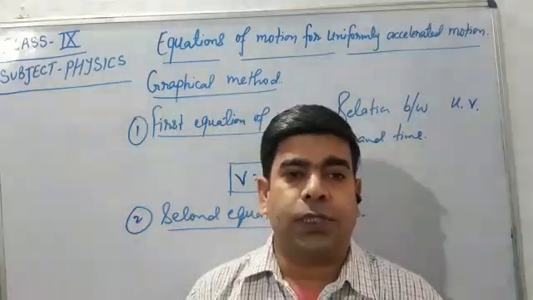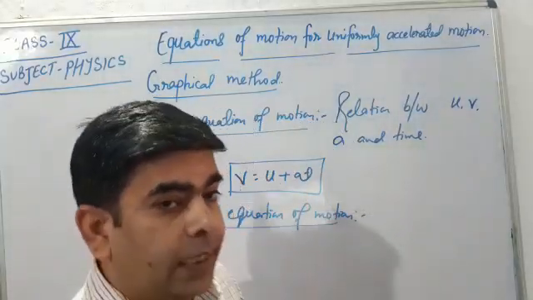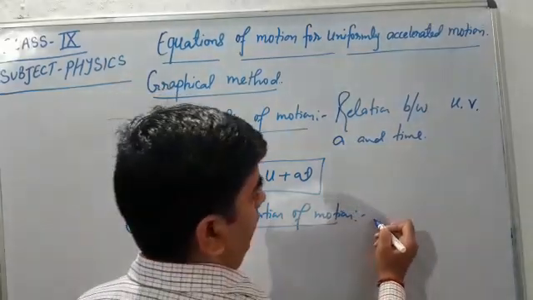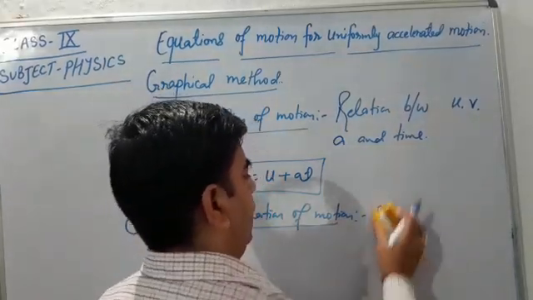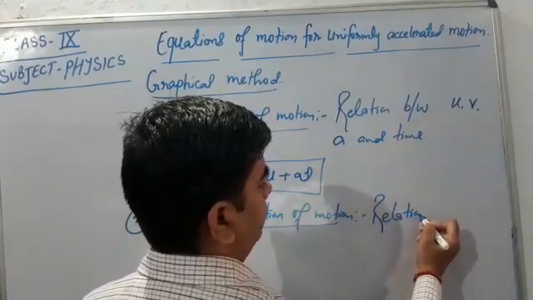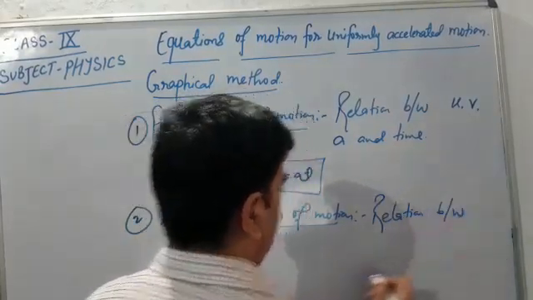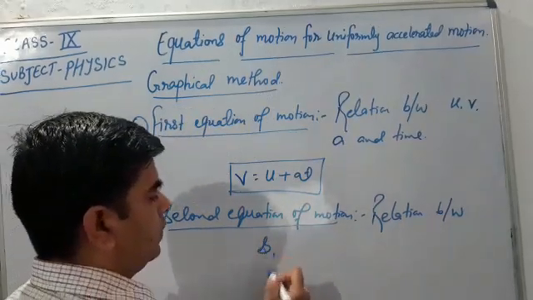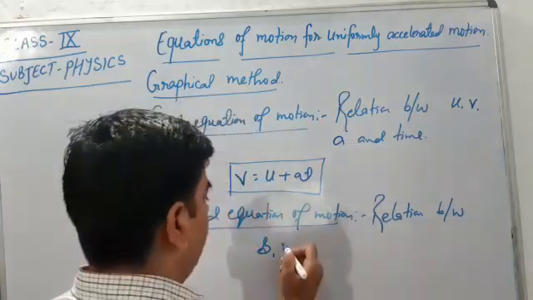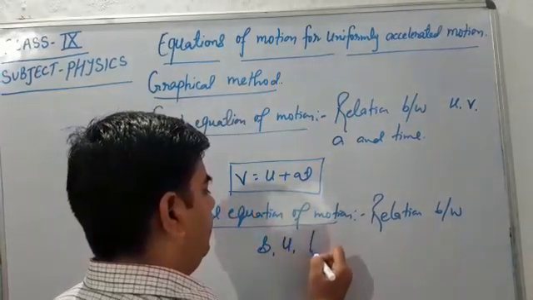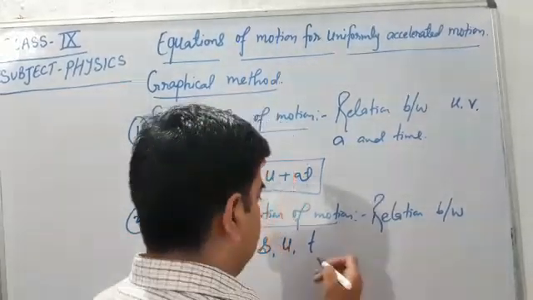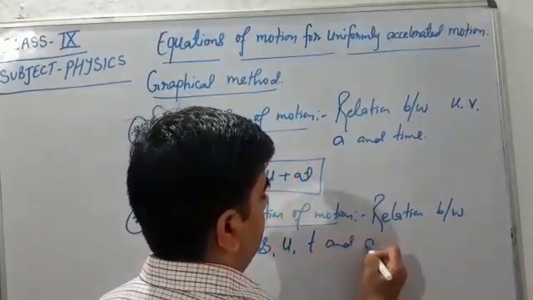Second equation of motion, the relation between distance traveled, which we denote by s, initial velocity u, time t, and acceleration, that is a small a.